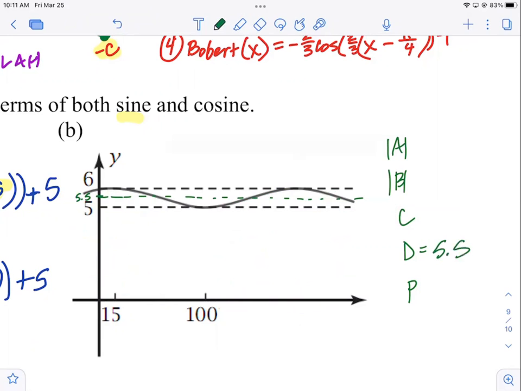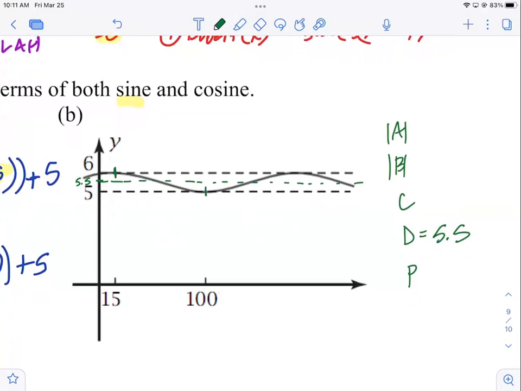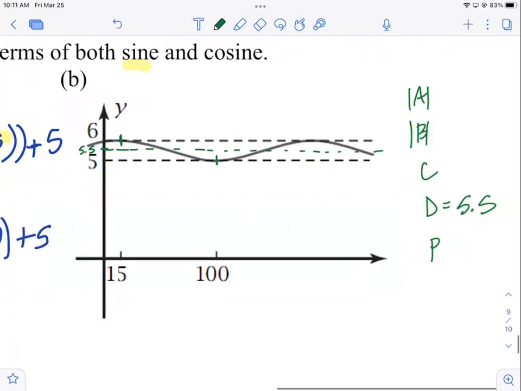All right, now we've got a high point labeled at 15 and a low point labeled at 100. You could just assume that those are going to be marked at critical values. So first, we want to figure out how far it is from 15 to 100. 85, right? 100 minus 15. So that's 85. What you could do then is set that equal to the fraction of the period. It'll be in chunks of quarters, right?